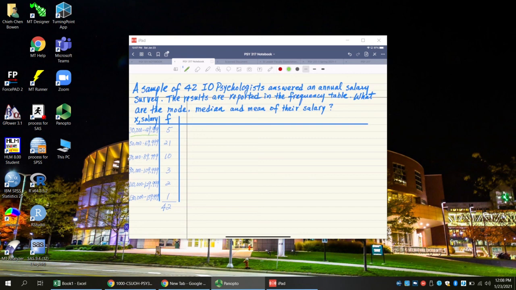So for example, this question: a sample of 42 IO psychologists answer an annual salary survey. The results are reported in the frequency table. What are the mode, median, and mean of their salary? Okay, so the salary range is really, really wide. So we could not possibly have a table without creating this kind of extra structure.